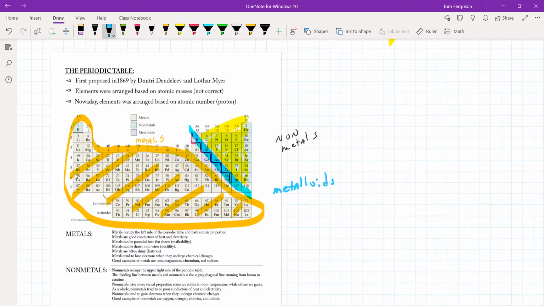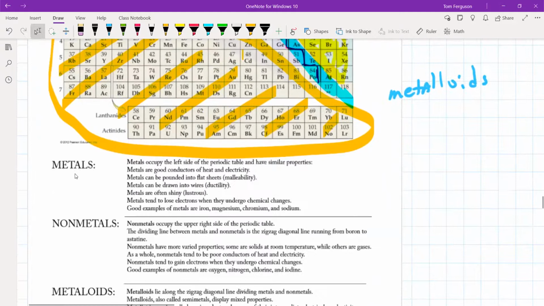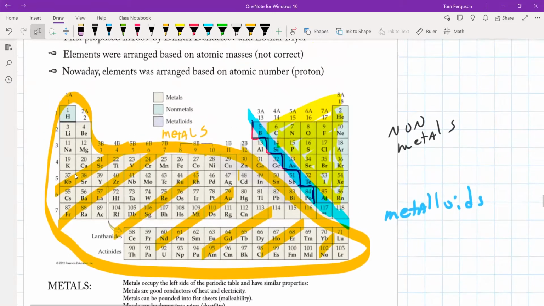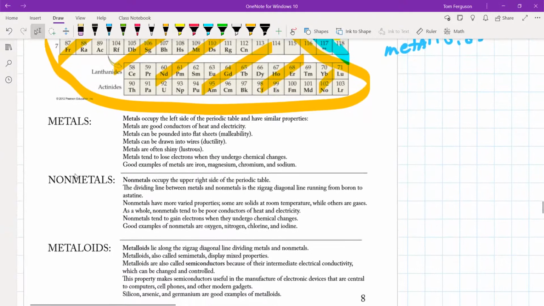depending upon how you treat them. Usually they're treated with something like a voltage. In other words, if you apply a positive voltage or a negative voltage, they change their characteristics. Notice that most of the elements are metals. Then come non-metals, and lastly, metalloids. A lot of you would be able to describe metals. They're shiny, they can conduct electricity.